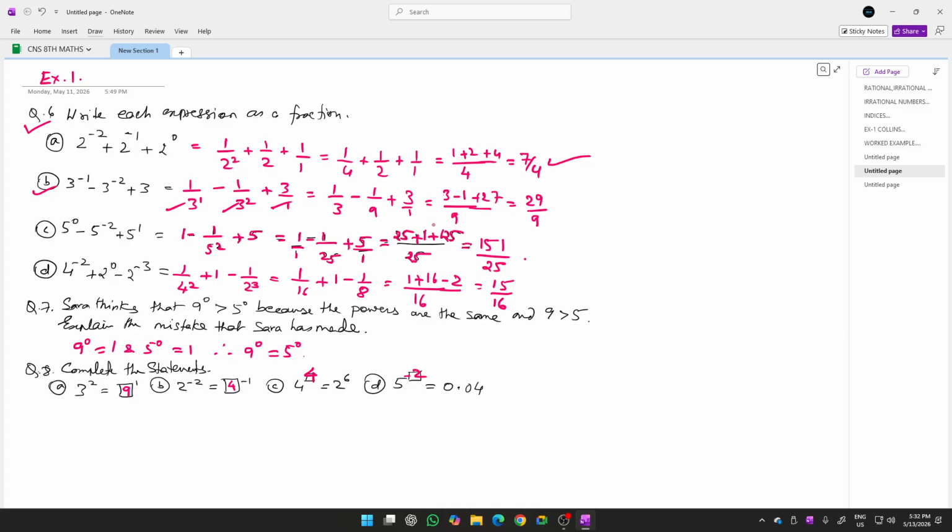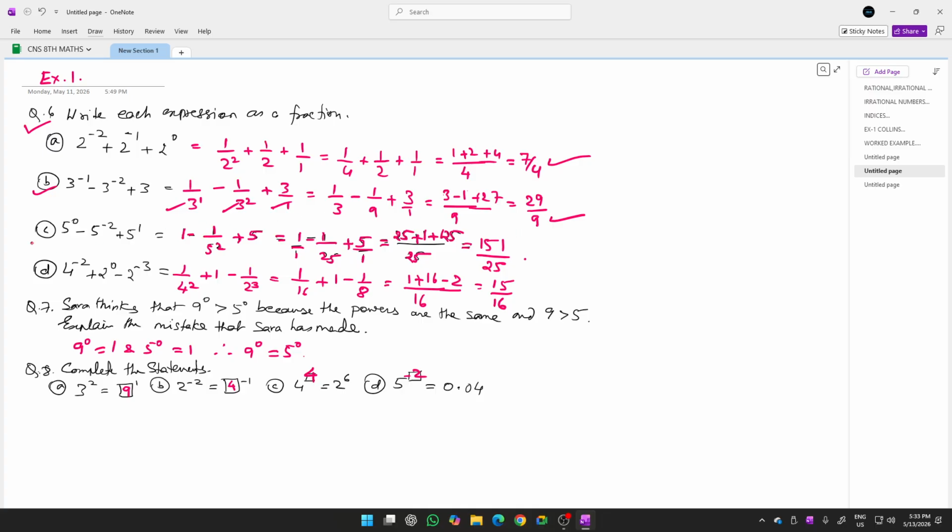Then 9 times 1 is 9, so that 1 I'll multiply with this 1, so I'll get minus 1 over here. And then 1 into 9 is 9, that 9 I'm multiplying by 3, so I'll get 27. So I'm ultimately getting 3 minus 1 plus 27 in the numerator, which works out to: 3 minus 1 is 2 and 2 plus 27 is 29. So the final answer will be 29 divided by 9. This is the final answer.